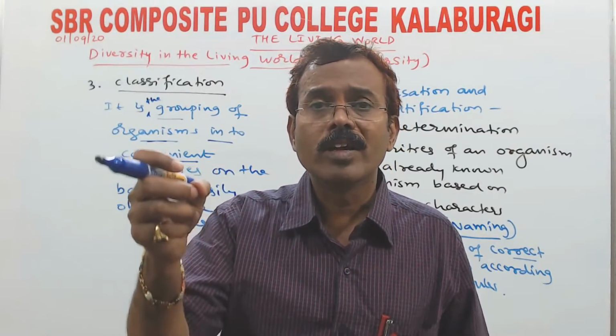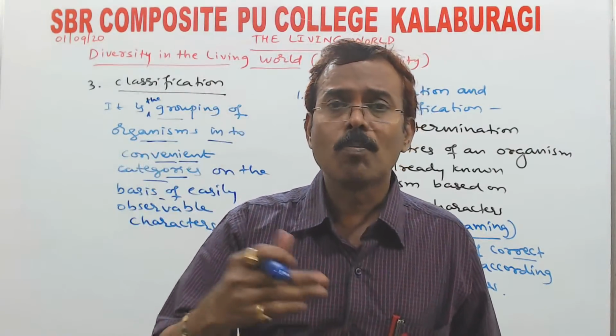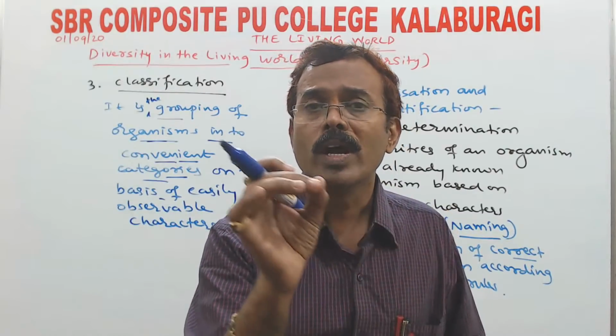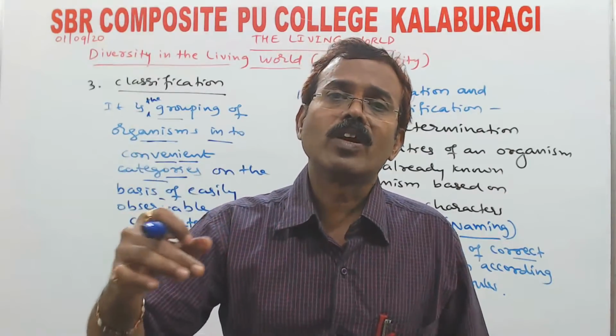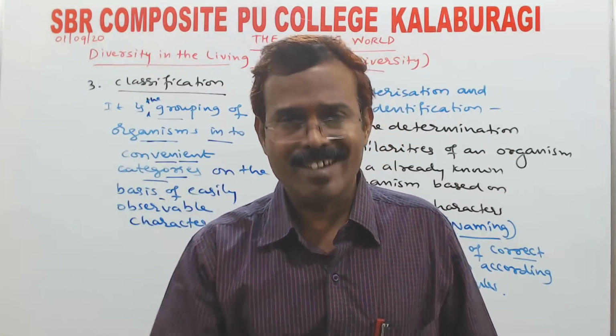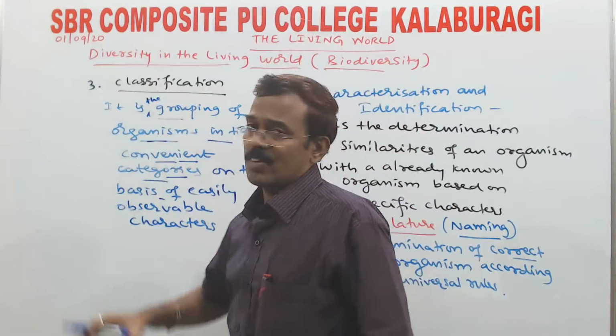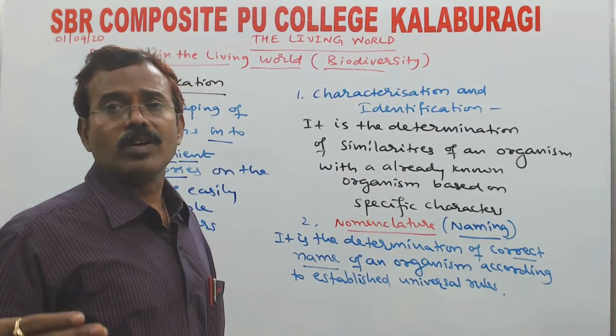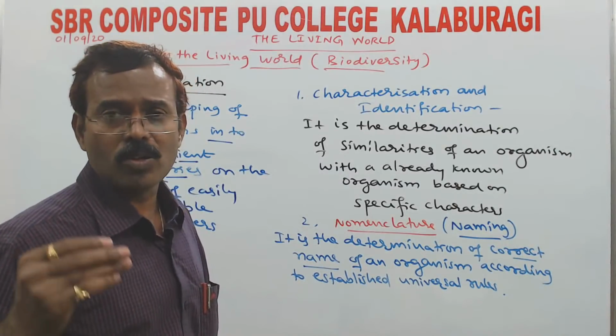So based on easily observable character, plant, animal or microbe can be placed into a particular specific group, a convenient category, that we call classification. So these are the three basics of the taxonomy that we have to remember.